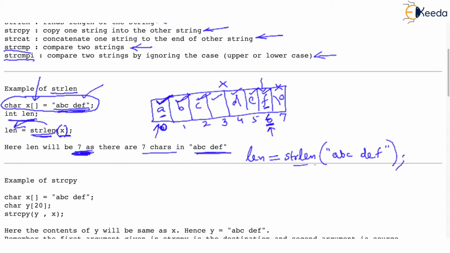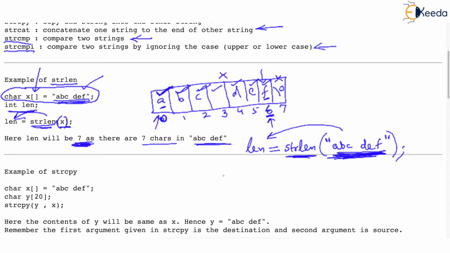Note even here, strlen will take this string because you have given the double quotation. This is after all a string. And it will again return len equal to 7 because there are 7 letters in this. So what is important to understand is that strlen will take a string, and the string might be stored in an array of characters, or you can directly give a string to strlen as we have done here.